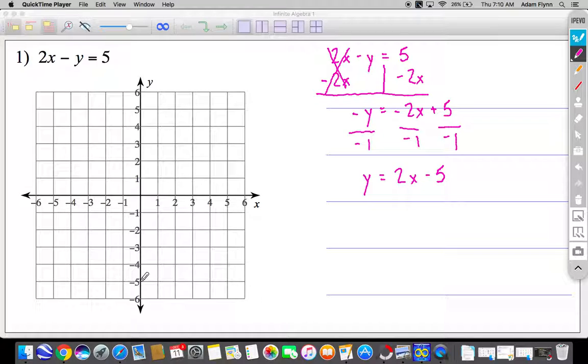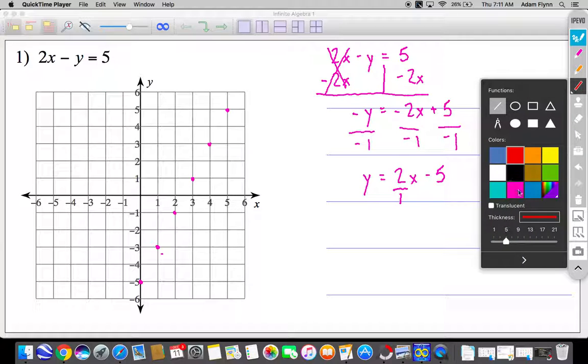So I'll start at negative 5, and my slope is 2. I can put over 1 if I want. So I'll go up 2 to the right 1. Up 2 to the right 1. Okay, and now I'll get a line.